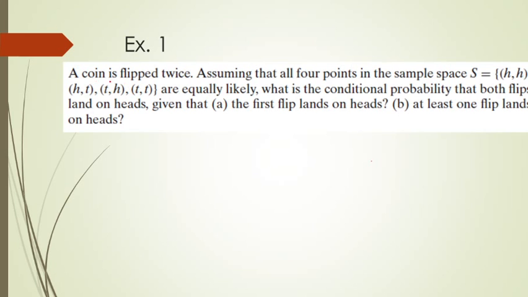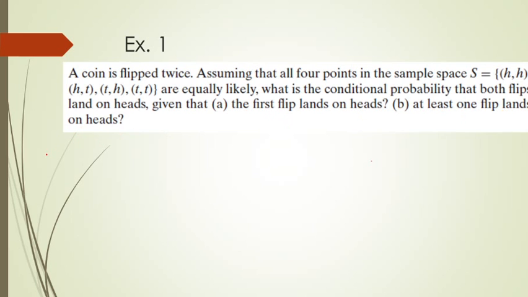A coin flipped twice, so we can get 4 different equally likely outcomes: double head, head tail, tail head, double tail. What is the conditional probability that both flips land on head, given that the first flip lands on head? B, at least one flip lands on head.